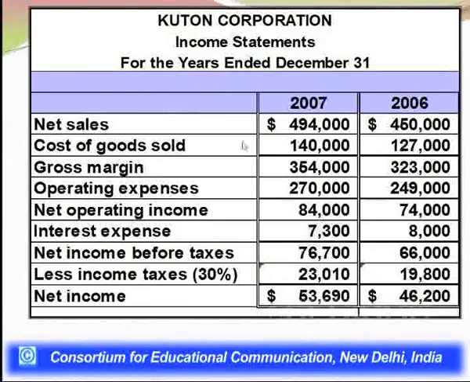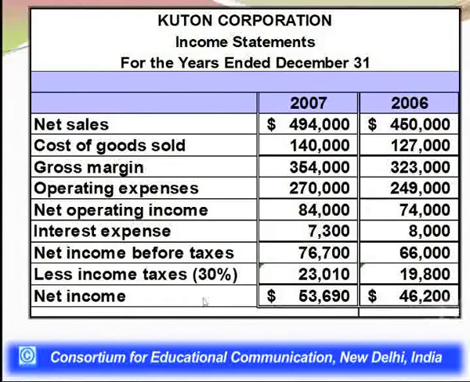Moving forward, we are subtracting cost of goods sold, which is 127,000 in 2006 and 140,000 for 2007. The difference of cost of goods sold and net sales gives you the value of gross margin, which comes out to be 323,000 for the year 2006 and 354,000 for the year 2007.